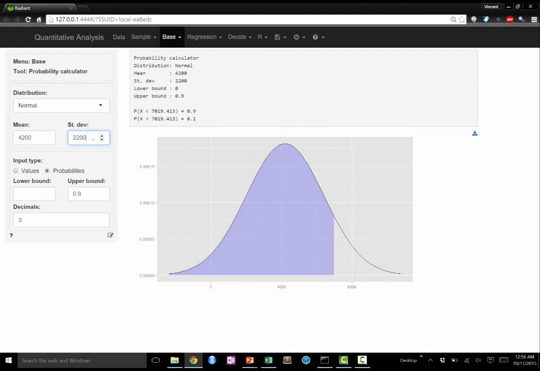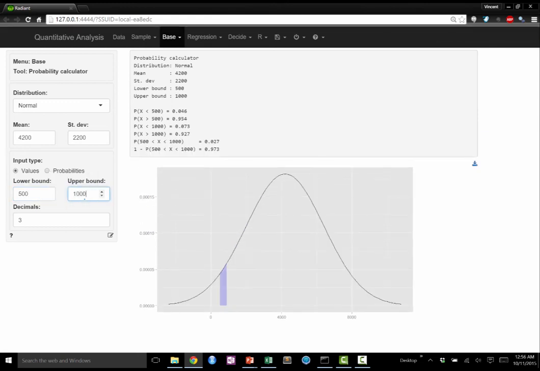We're interested in establishing the probability of demand in Germany falling in between 500 and 1,000. So the graph shows us that area. We'll see that it's not an overly big area here. And where's the probability? It's right here. Probability of between 500 and 1,000 units being demanded in a particular month is 2.7%.